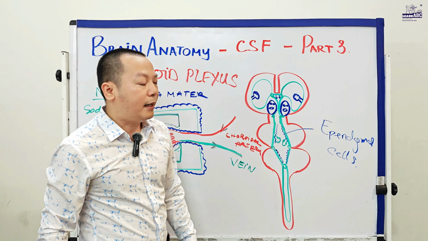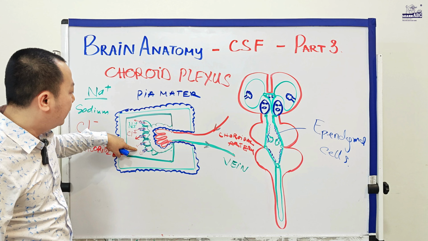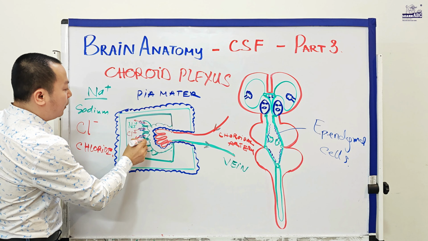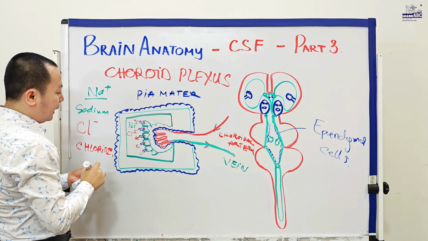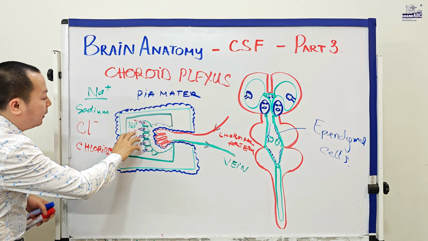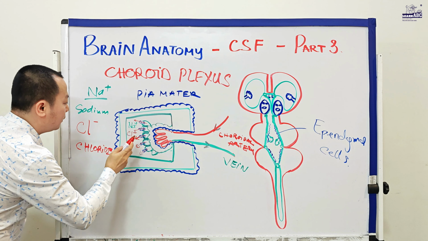And you know that when sodium and chloride come out through this transporter, what happens in this area, we call the choroidal area here. And then in this area, the osmotic pressure will increase. You know, osmotic pressure.